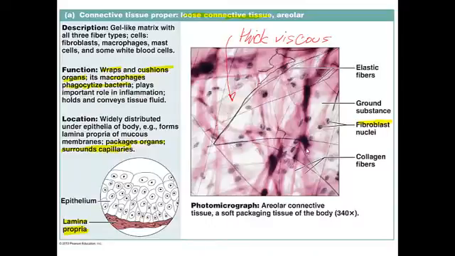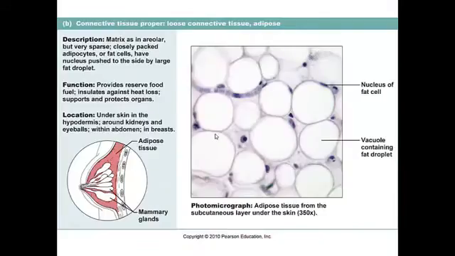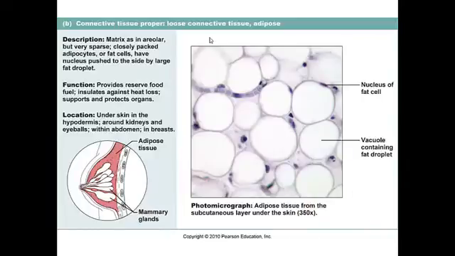So this is one of the very important uses for areolar connective tissue, which again is a subtype of loose connective tissue. Our next example of loose connective tissue is adipose tissue, and this one is very, very distinct. With adipose tissue, these cells are called adipocytes, and the adipocyte would be the specific name for the cell itself.